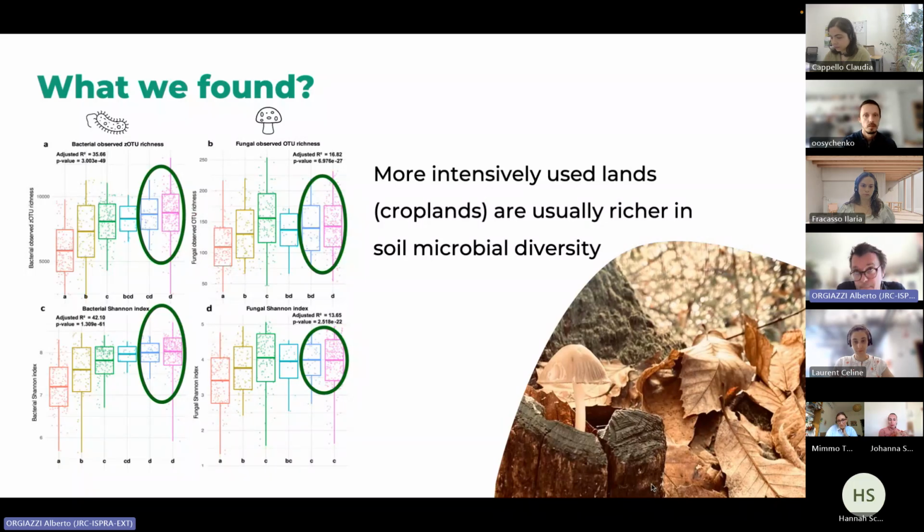This may be surprising, but it's not if you think that agricultural soils keep on receiving inputs like fertilizer, but also pesticides, that for microbes can be a source of energy, let's say food.